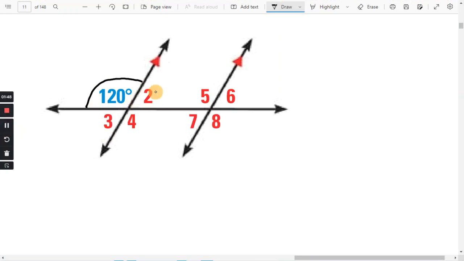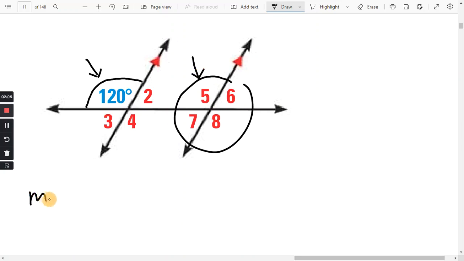Okay, out of these 4 right here, the 120 is on the top left. So if we go to the other group of 4 angles, angle 5 is also on the top left. So we know that the measure of angle 5 equals 120 degrees.